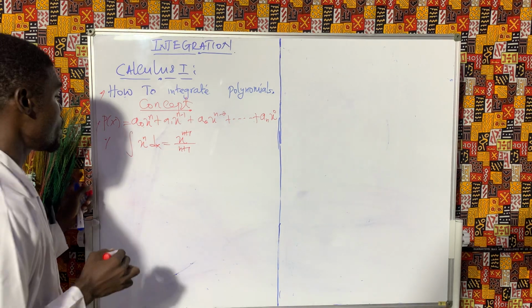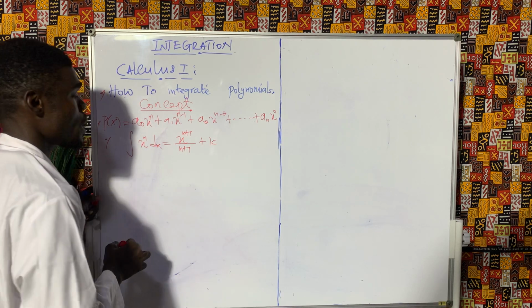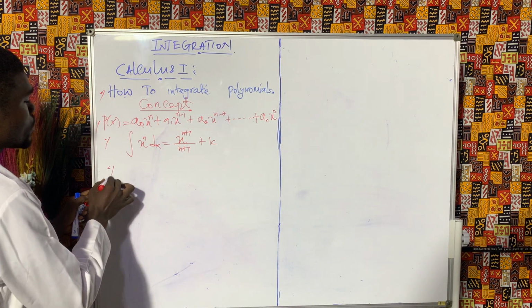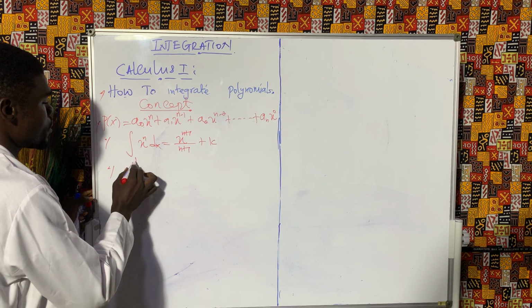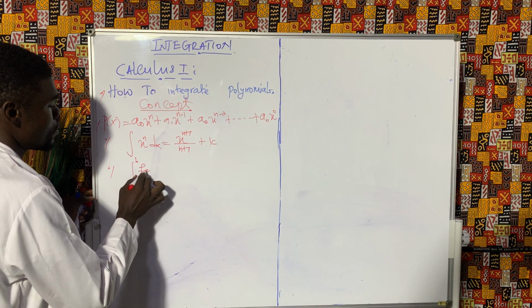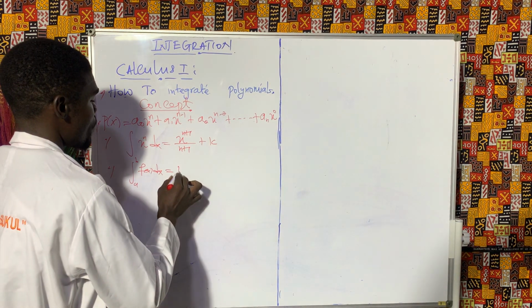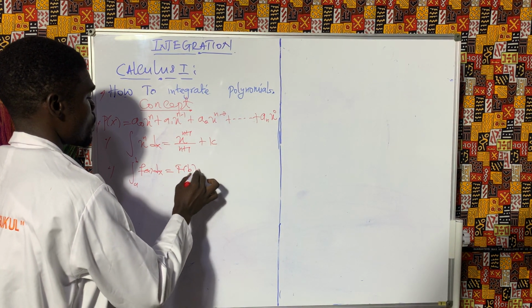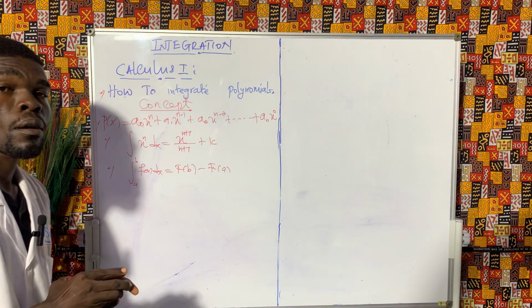Since our integral is indefinite, we add a constant k. And if it is bounded by a and b, the integral of f of x dx gives f of b minus f of a, since it has defined boundaries.